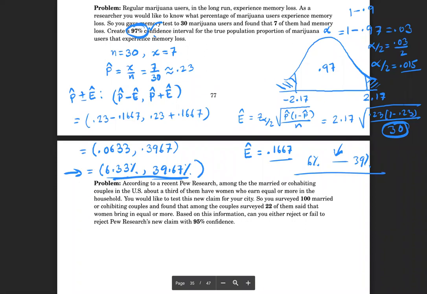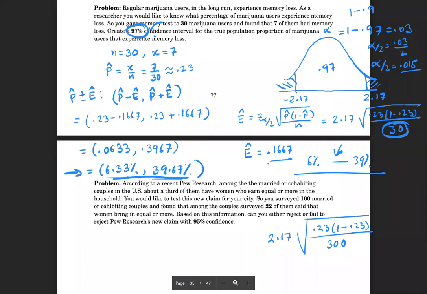I'm going to play around with the number here. It will be 2.17. Let's say everything is the same. 0.23 times 1 minus 0.23, all of it divided by, instead of 30, let's say we surveyed 300 people. Let's see what happens in that case.